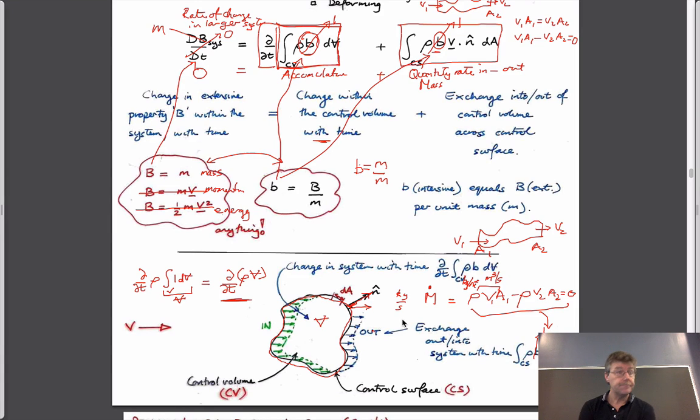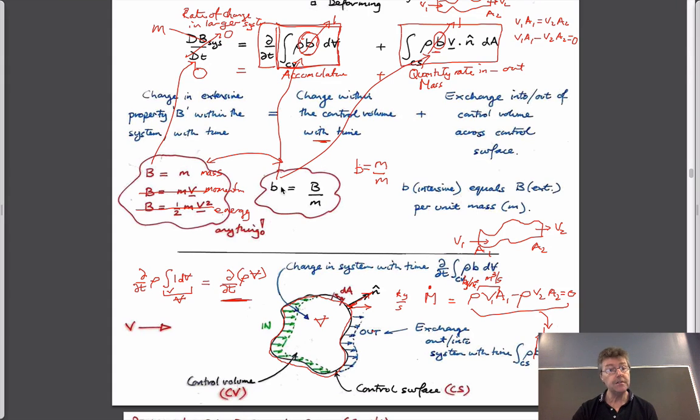Yes? I'm sorry, can you go back to the first step and explain how you got B equals I over M? That's equal to this one here? Yes. So we're not going to derive Reynolds transport equation, but we're going to realize that each of these quantities represent the things that we're conserving. And so by definition, this extensive property B can take any of these forms. It can be mass, it can be mass times velocity, it can be a half mass times velocity squared, any of those.